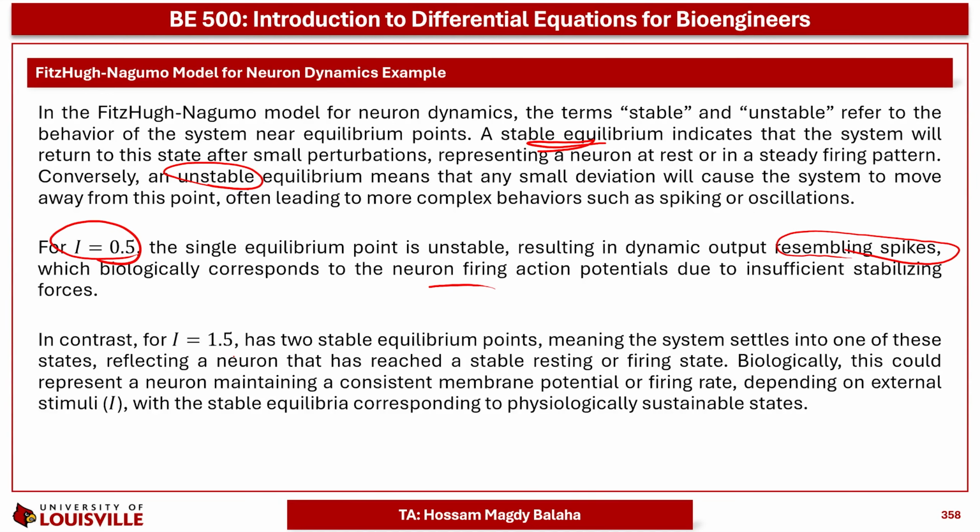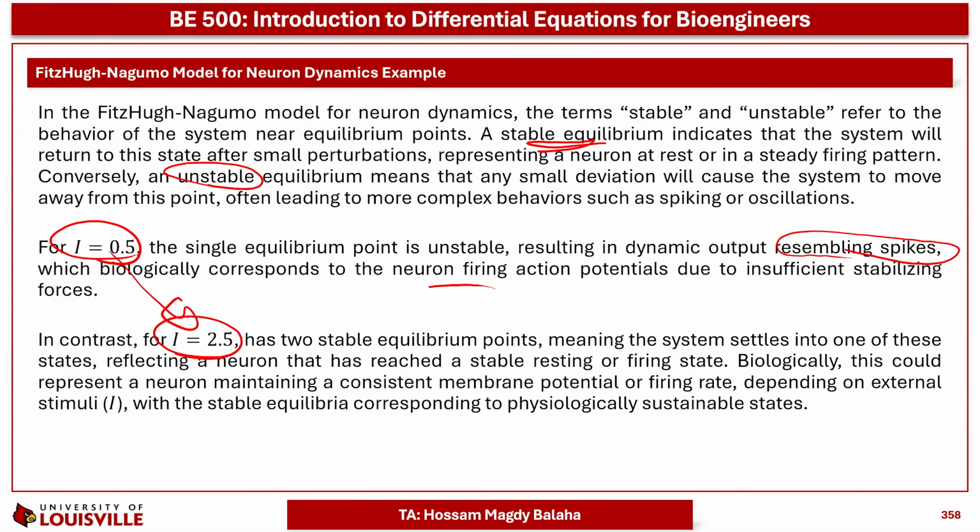And by increasing the external stimulation from 0.5 to 2.5, for example, you may encounter two stable equilibrium points, or whatever the number of stability points. We have a stable point, and that stable point means that the system settles into a stable state, reflecting a neuron that has reached a stable resting or firing state.